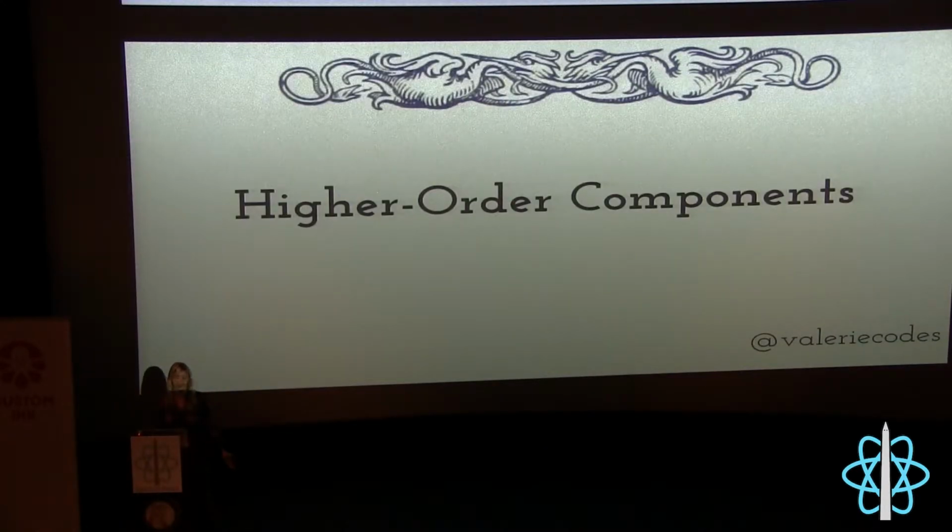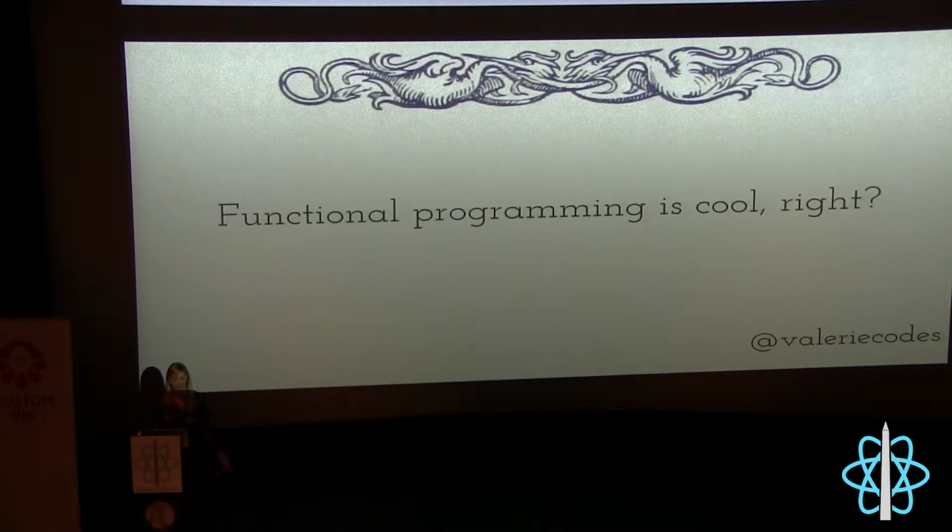So what's an HOC, or higher order component? Functional programming is cool now, right? HOCs are essentially functional programming in React. It's when functional programming allows you to compose functions by having functions take functions as arguments and return functions.